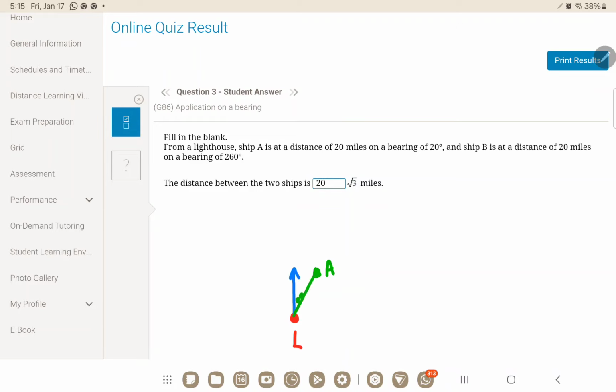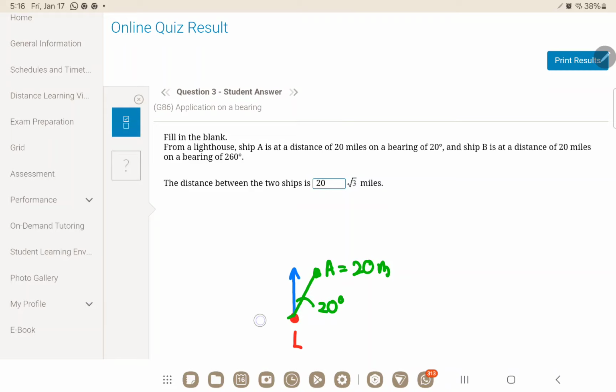You can't really make it smaller. We're just going to mark 20 degrees, and its length is equal to 20 miles. Now, ship B is at a distance of 20 miles, it doesn't matter, and on a bearing of 260. So we said this is our 270 line, the west. So 260 would be right under it by a bit.